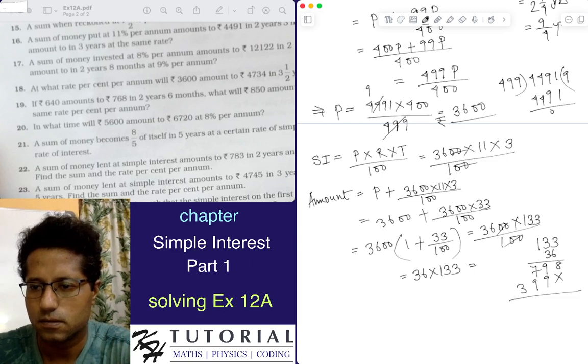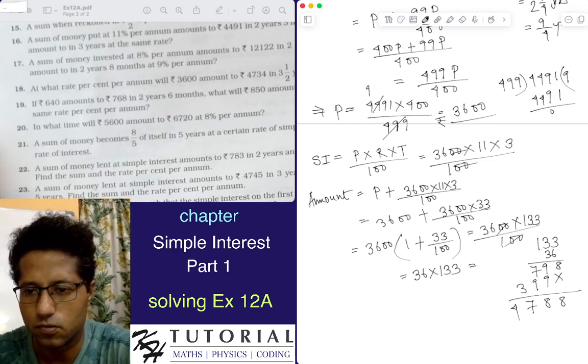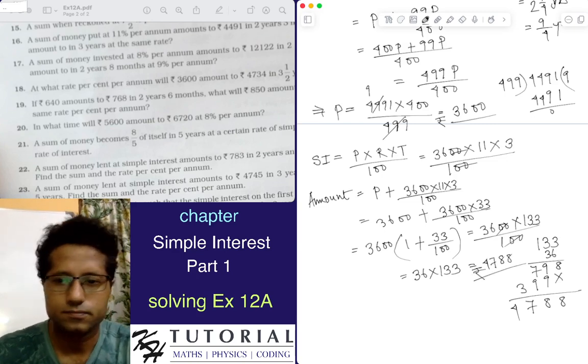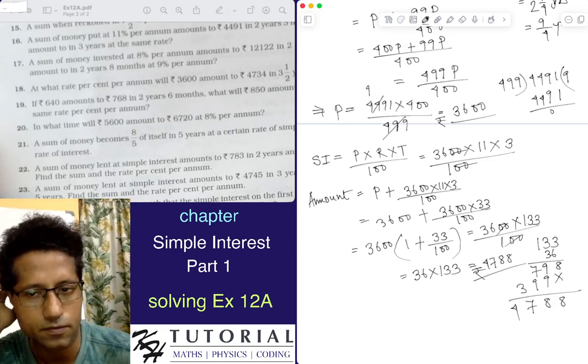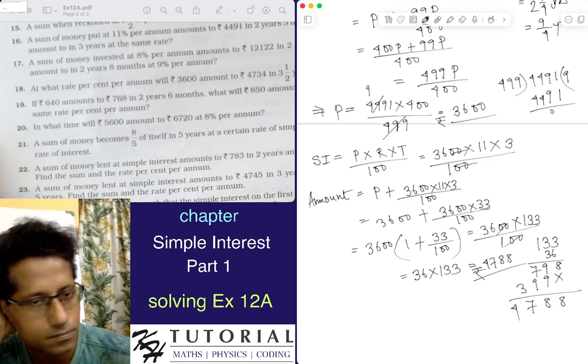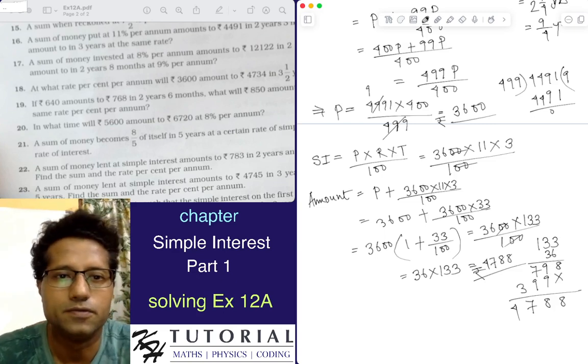This is equal to 4788. So this should be the amount. The principal we have found out to be 3600. It will amount to rupees 4788 at the same rate percent, but in 3 years.